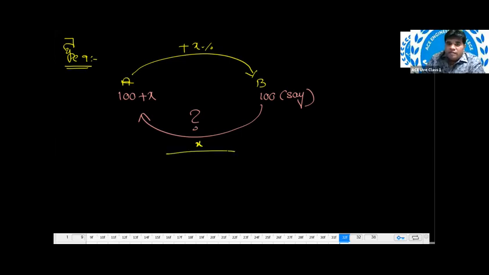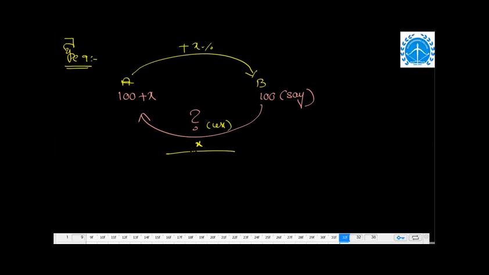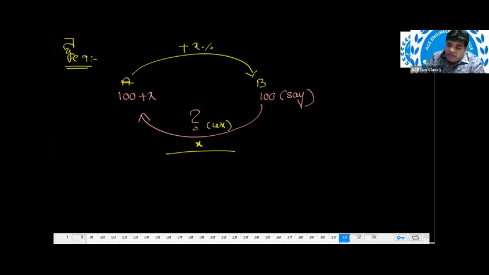Now, A value 100 plus X, B value 100. Now B is how much less? X. That X is compared with 100 plus X, into 100, because it is compared with A. So B is less than A means X compared with 100 plus X into 100. Completed answer.